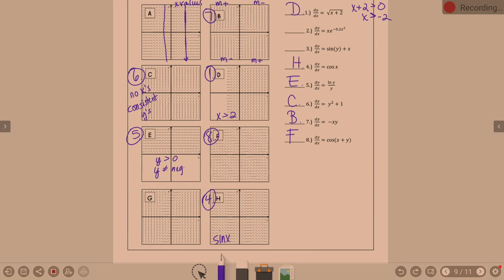And so I'm looking for something that only has x in it, with no y, because I have consistent x values, if that makes sense. And for that reason, I would say 2 is A.